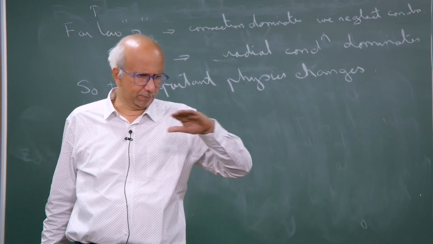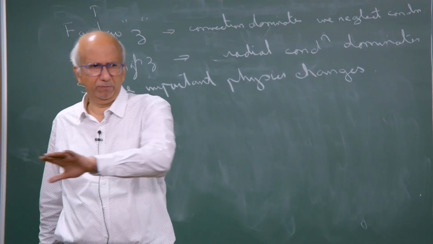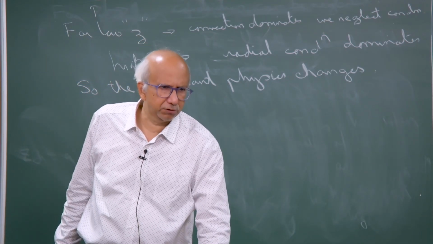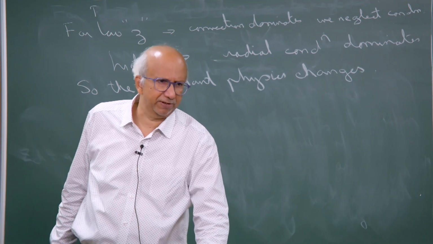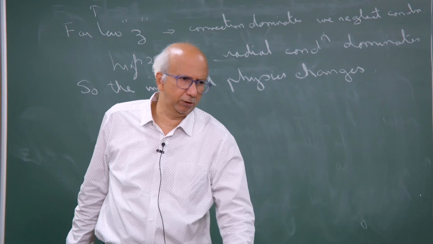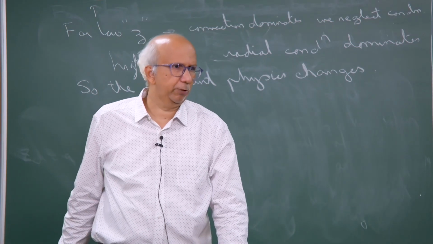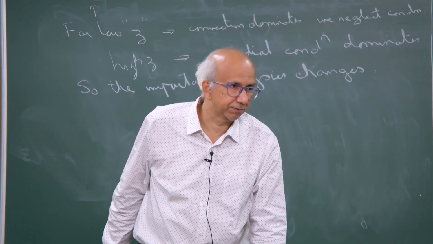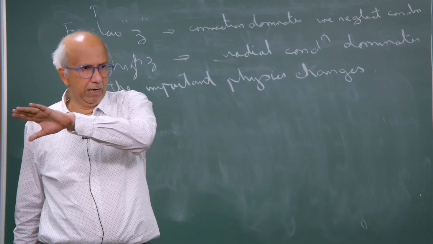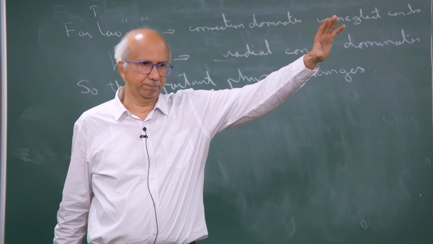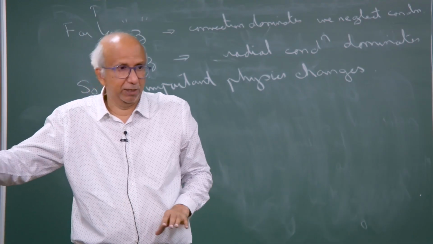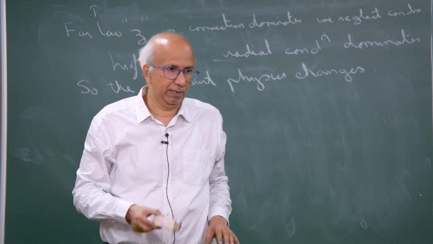When you have a flat plate and a far upstream velocity, very close to the wall, very close to the plate, the viscous effects dominate. So you consider a thin layer, the boundary layer, and solve the Navier-Stokes equations including the viscous effects. But far away from the plate, you say the flow is inviscid.